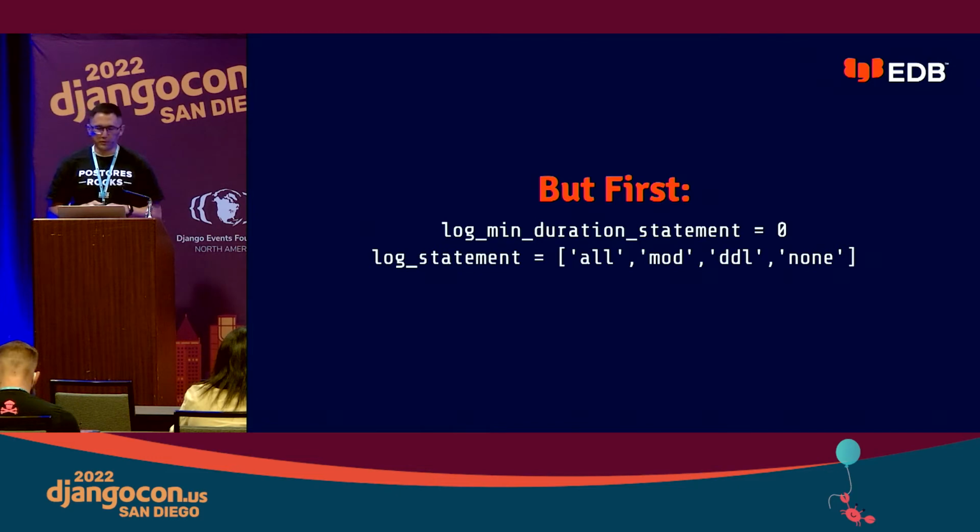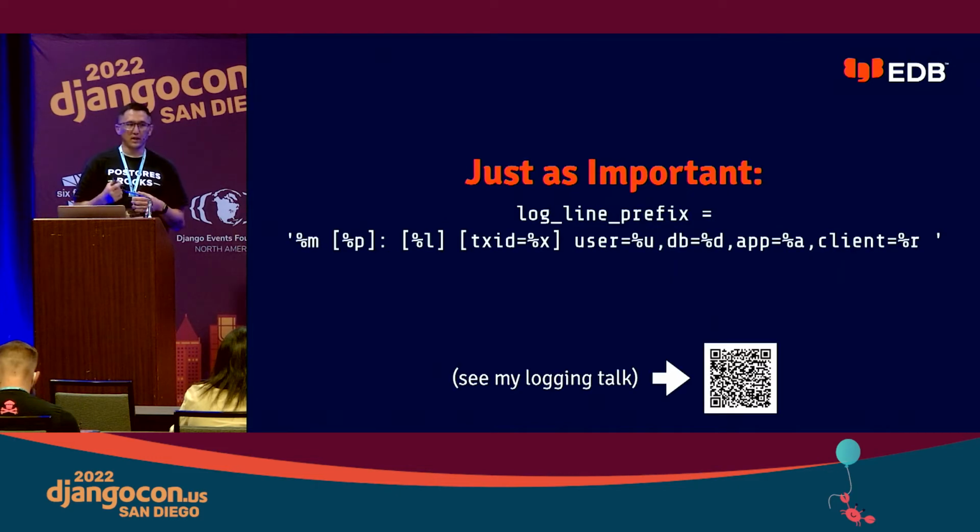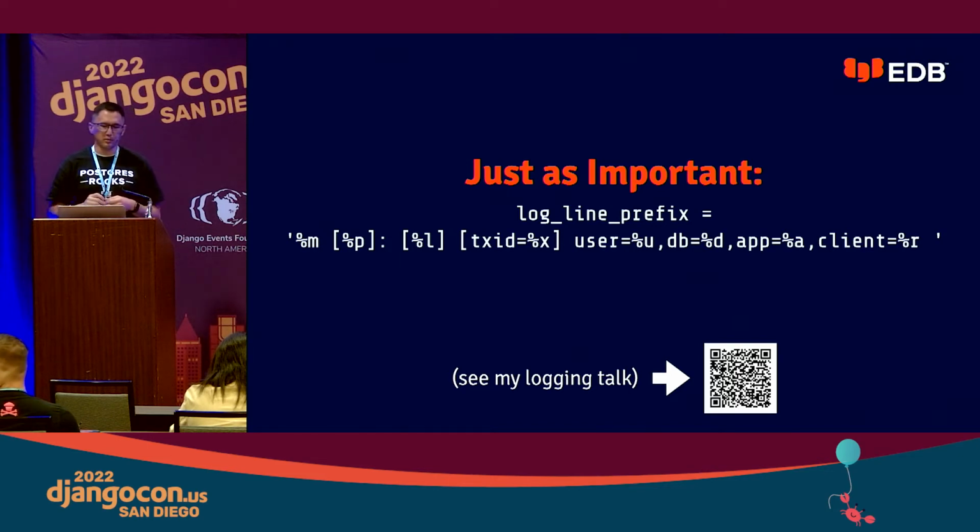Okay, just as important is setting the log_line_prefix. While I'm at it, I wanted to give a plug about this parameter because I think this is one of the most important parameters from a developer or a debugger standpoint. I have another talk on this, but just quickly, I would change it. The default that Postgres sets is just a timestamp. And that's just a general community philosophy.